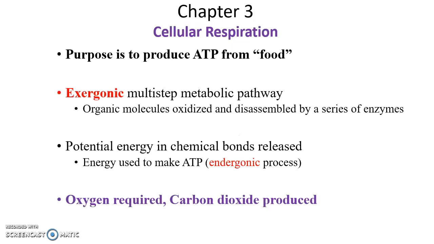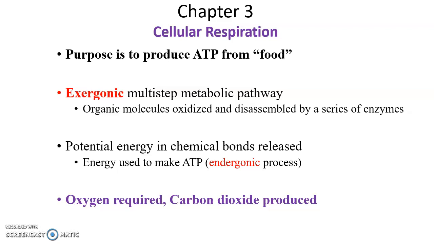Cellular respiration. The first purpose is to make ATP, that chemical energy that our cells love to use, from food, specifically glucose, but food. It is an exergonic multi-step metabolic pathway, so many steps, many enzymes involved. The whole purpose being to release energy that can be used to make ATP.